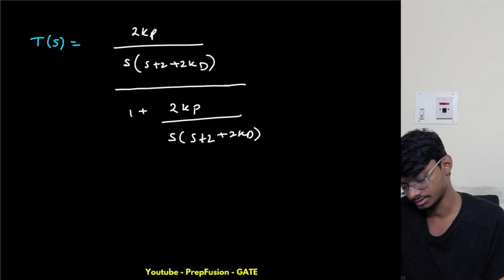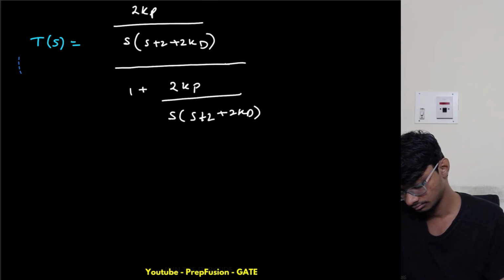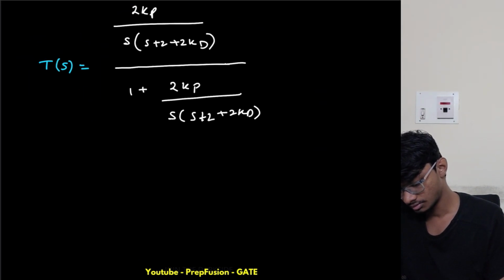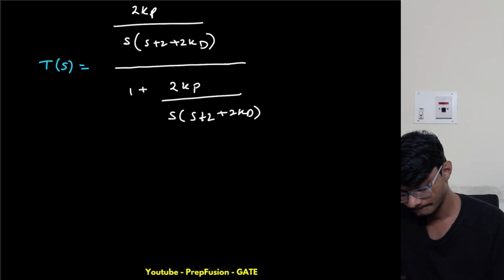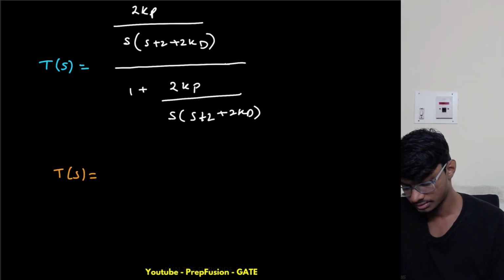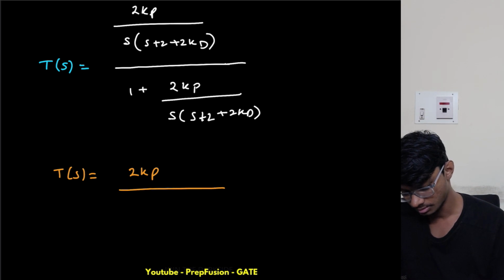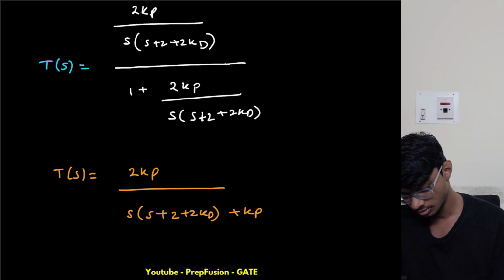Okay, this is my transfer function basically. So what will my transfer function equal to? It is basically 2Kp upon s times (s plus 2) plus 2Kd, plus 2Kp. Okay, so this is my transfer function.